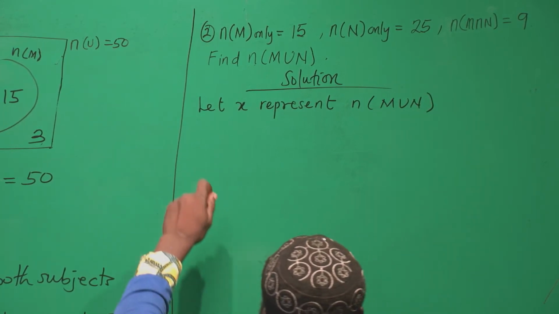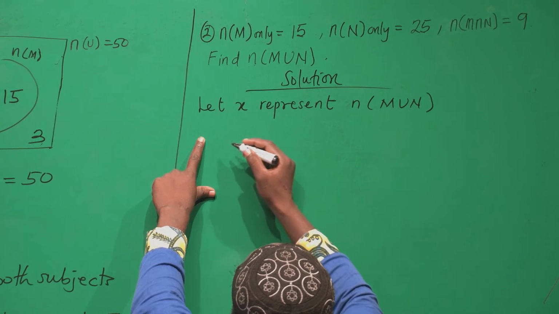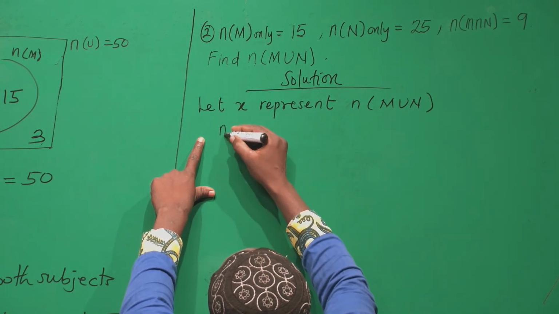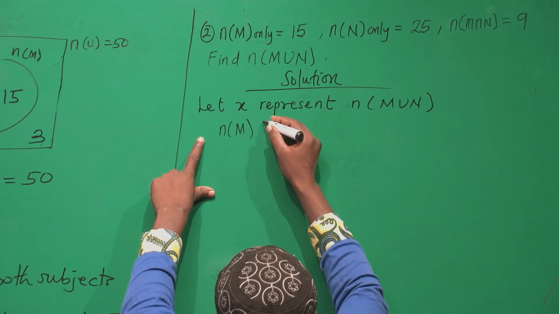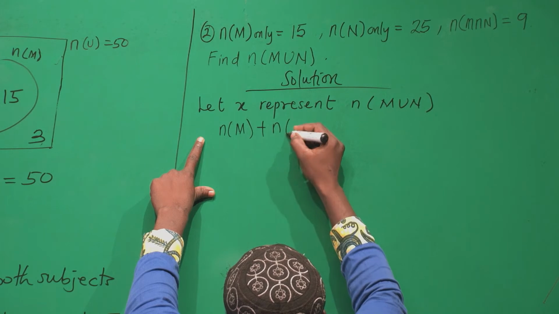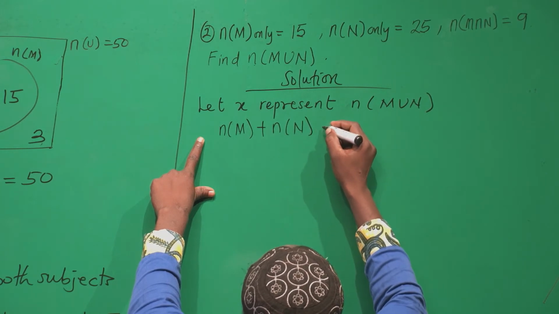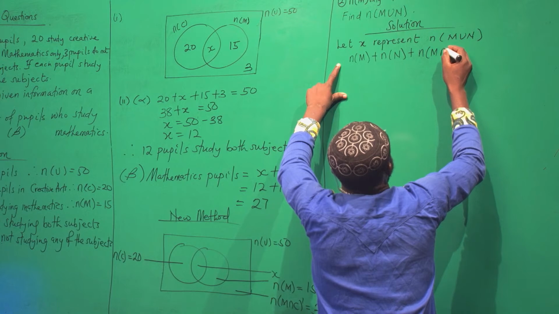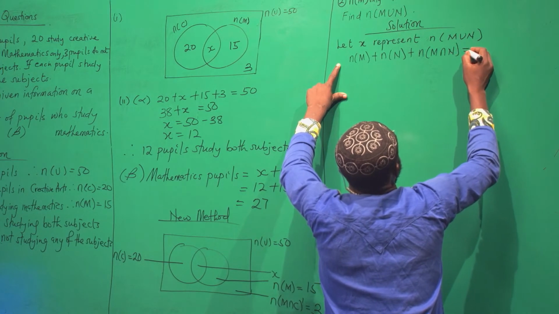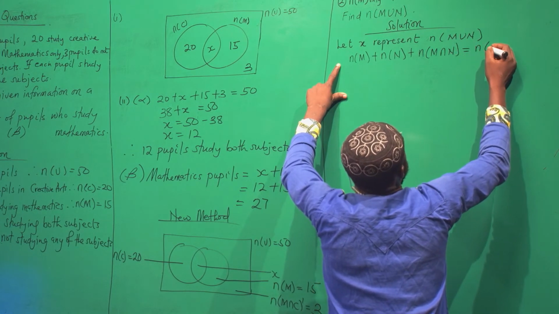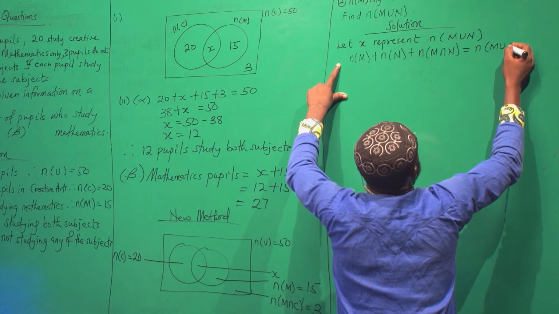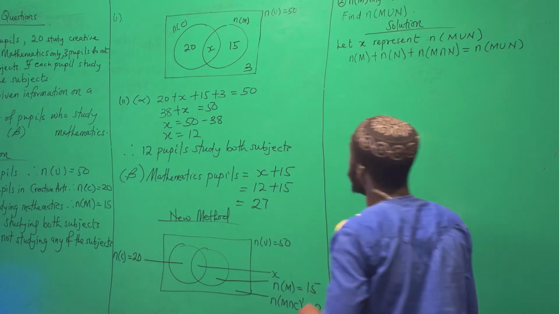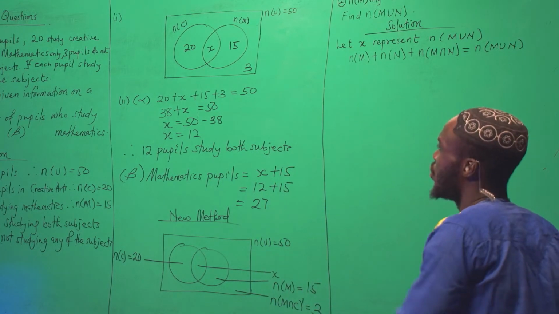And we all know that if you want to solve such a question, it becomes N of M plus N of N, then plus N of M intersection N, which should be equal to N of M union N. That is how the mathematics form should be, according to what we've done here.